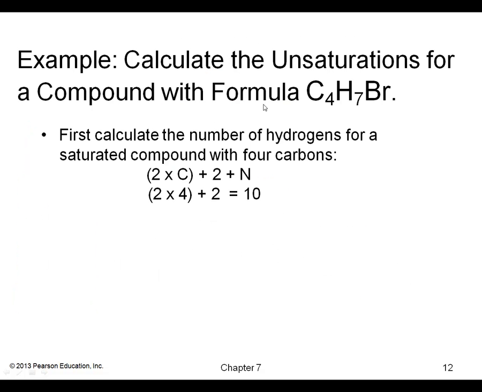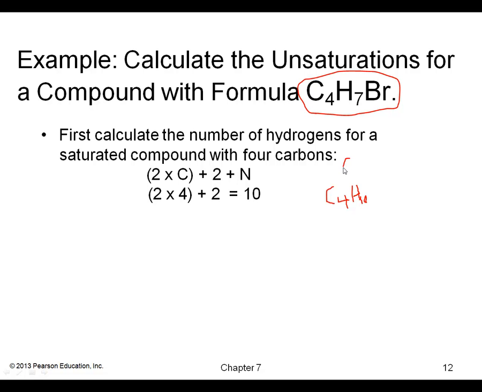Okay, so they proceed through an example. Suppose you had C4H7Br. Here I want the saturated case. What is the saturated case? Well, this C4H7Br, remember that the halogen acts like a hydrogen, so I'll end up adding it to that count. So this thing is acting as C4H8.